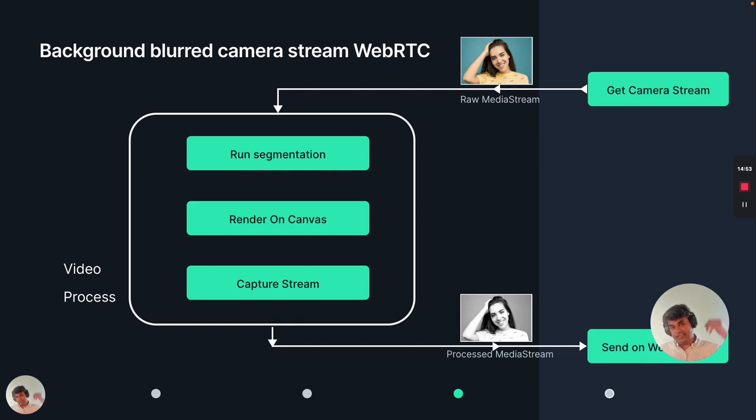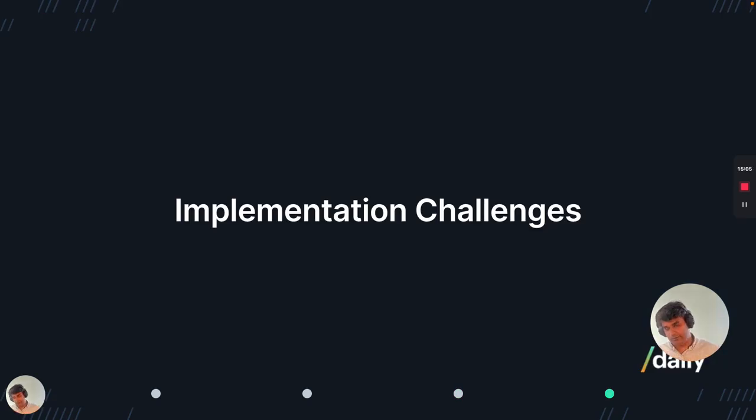And then instead of sending out the camera stream on our WebRTC call, we'll replace that with our processed media stream and send that out. And that's pretty much it. With this step, we have taken end to end, we've now placed a background replaced video stream or a background blur video stream on a WebRTC call.